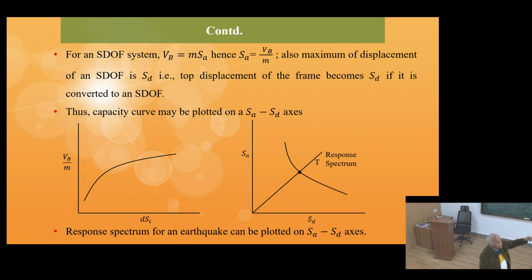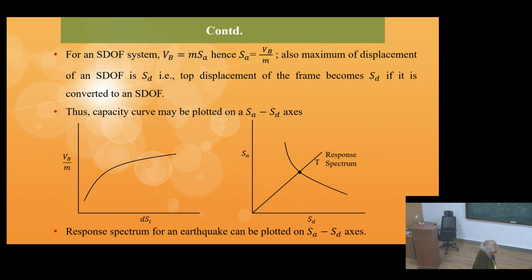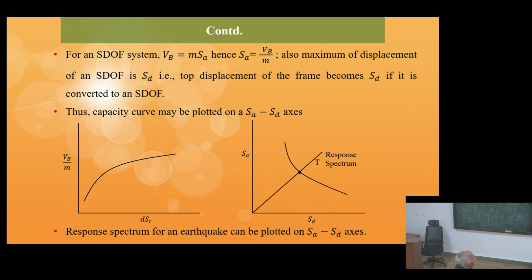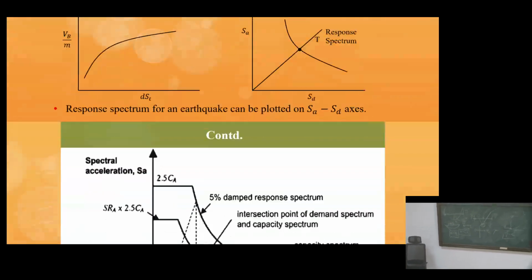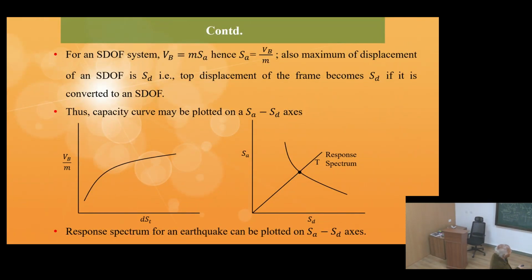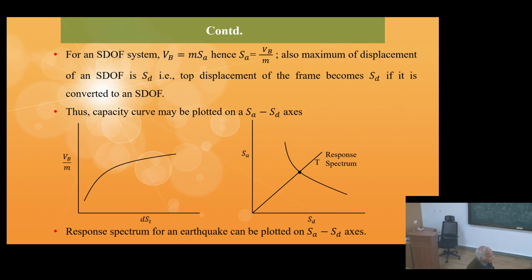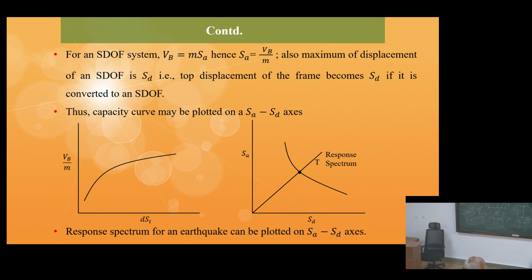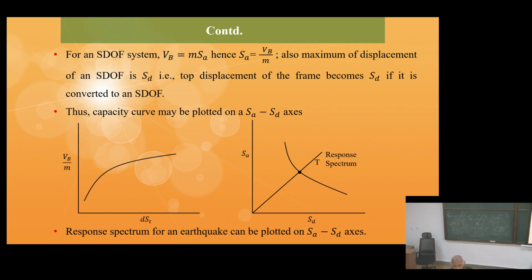Then the top displacement becomes equal to SD. Thus, the capacity curve can be plotted in a SASD curve. How? On this side, you have plotted VB, and on this side you have plotted the SD, top displacement of the building.